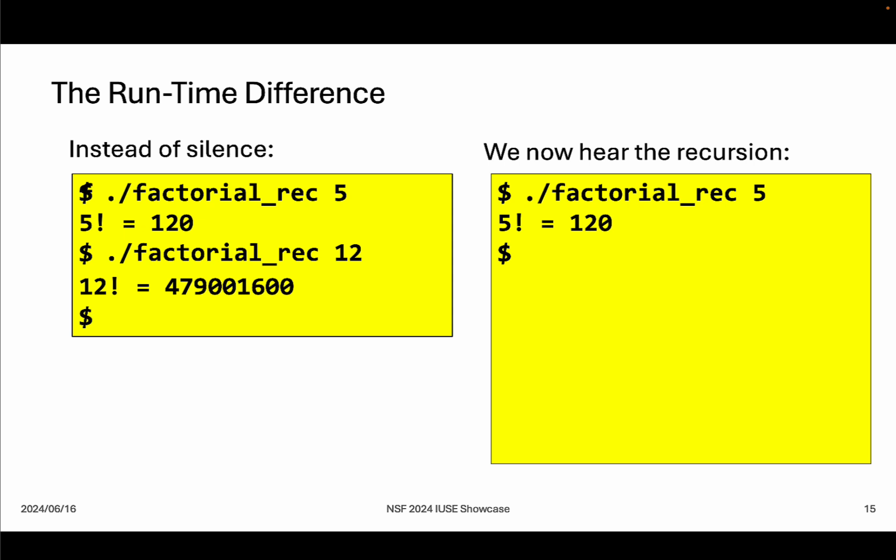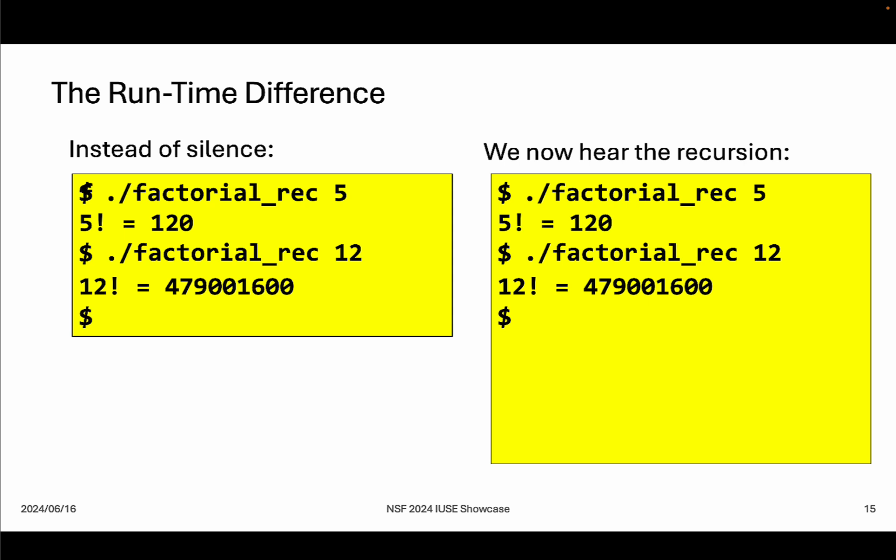Did you hear that was twice as long because of the recursion winding from 5 down to 1 and then back up from 1 to 5? The recursive version takes twice as long because of the recursion's winding and unwinding behavior.